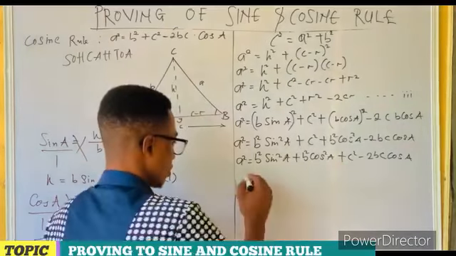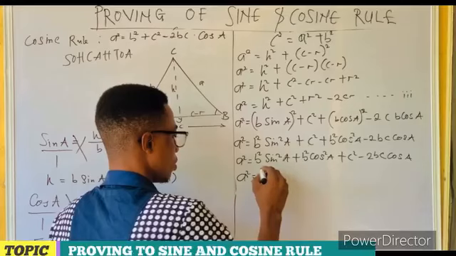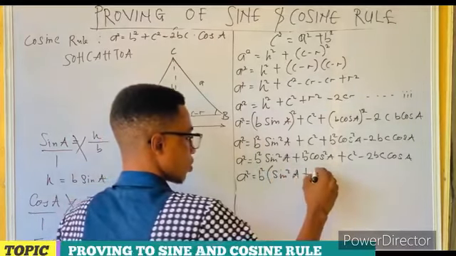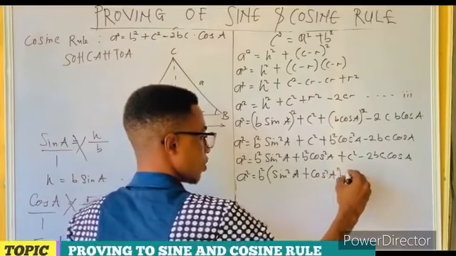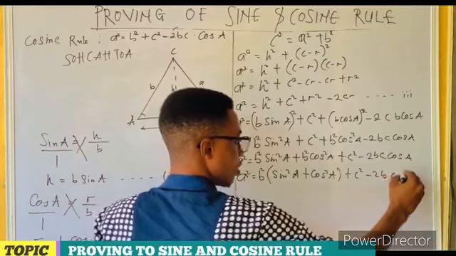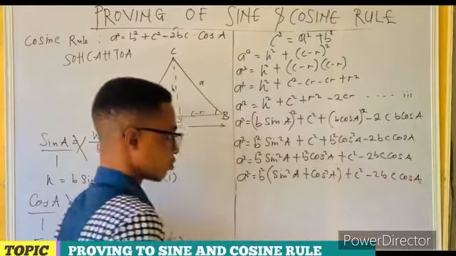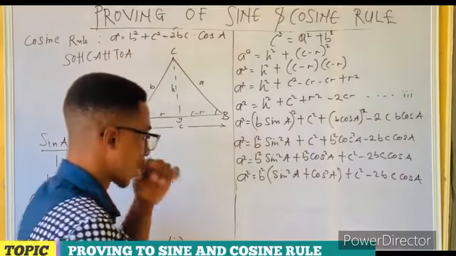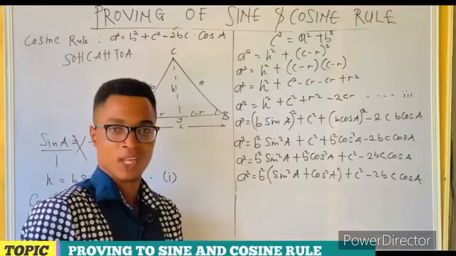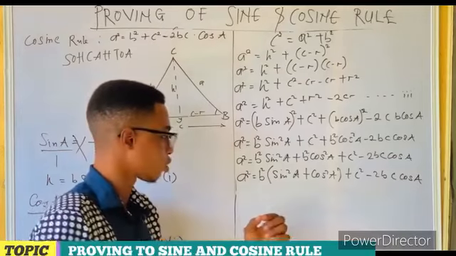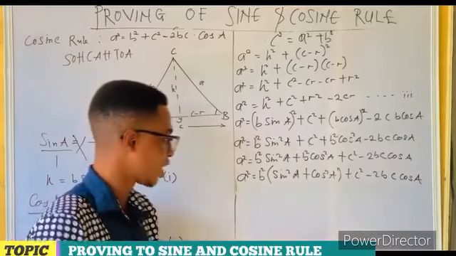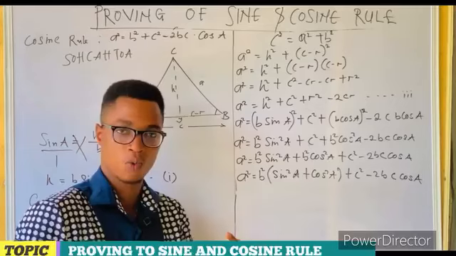So we have a squared equals b squared (sine squared A plus cos squared A) plus c squared minus 2bc cos A. Now I would like to take our mind back to the trigonometric identity, and the first identity is cos squared A plus sine squared A is equals to 1, meaning that everything here becomes 1.